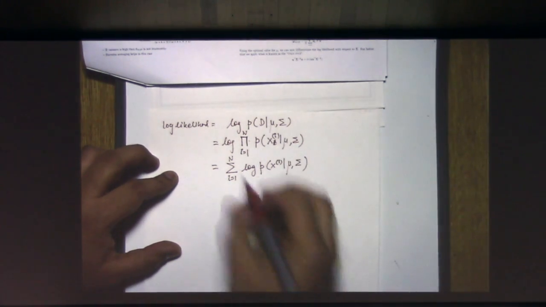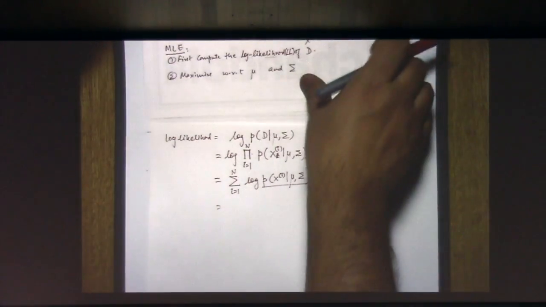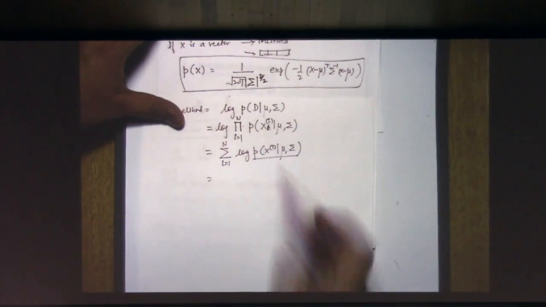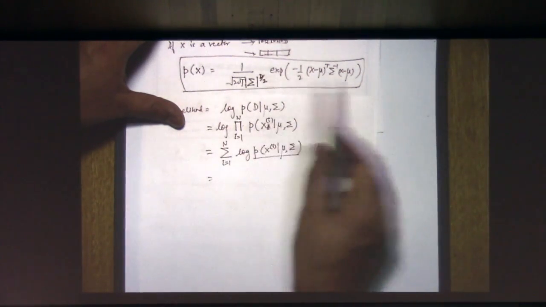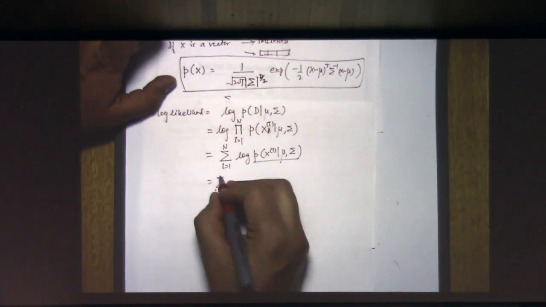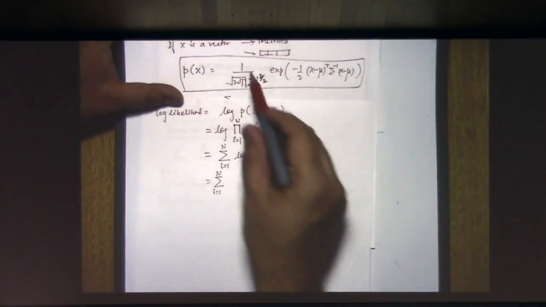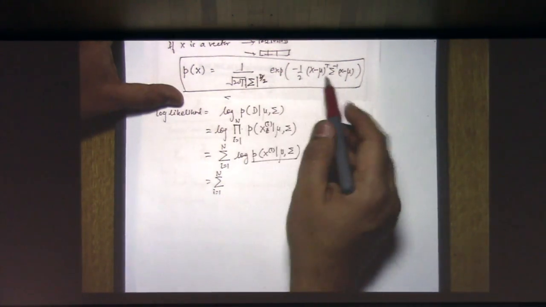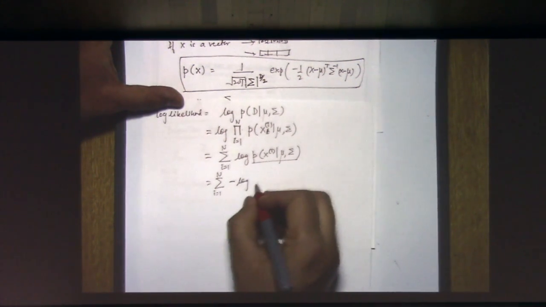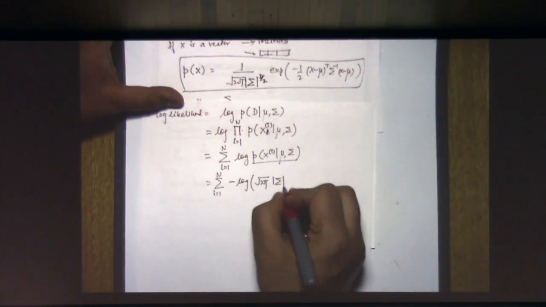Right, and then you can compute this. We know what this expression is. This expression is what I wrote here, right? So this is essentially this expression. So I'm going to write it like that. So we are taking log of these two things. These both are getting multiplied, so that becomes minus log of root 2 pi, right?